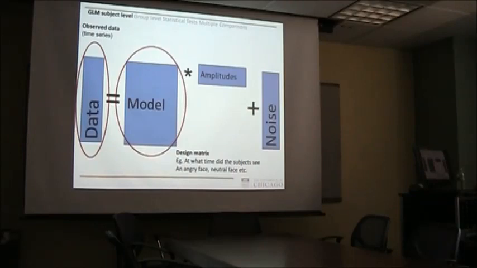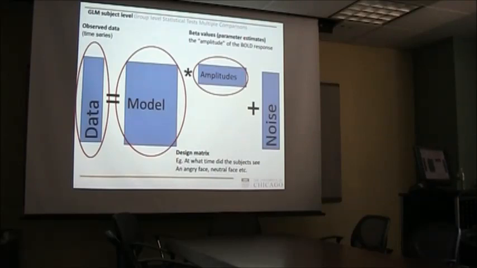Your model in that case, often referred to also as the design matrix, is just a specification of at what times subjects saw, I often use the example of face processing, say an angry face, a neutral face, etc., whatever your experiment was. So you're trying to model how well the presentation of these stimuli that you presented, or whatever else they had to do, fits the data.